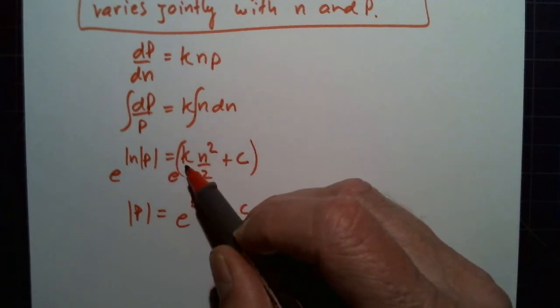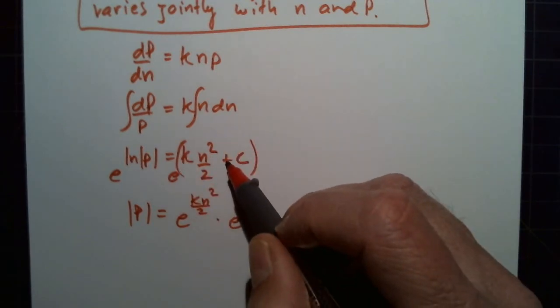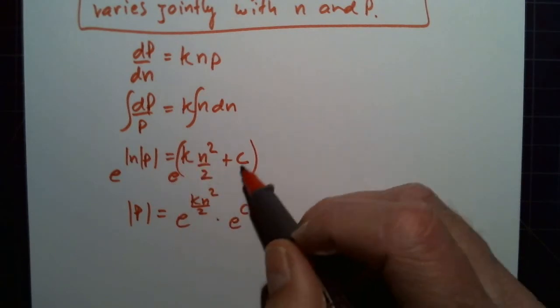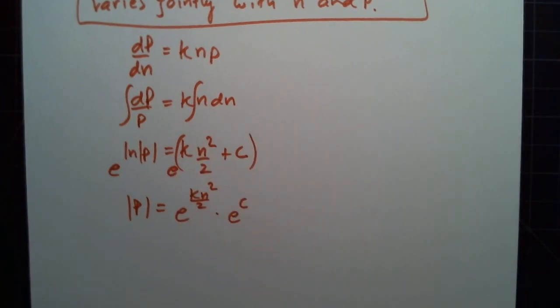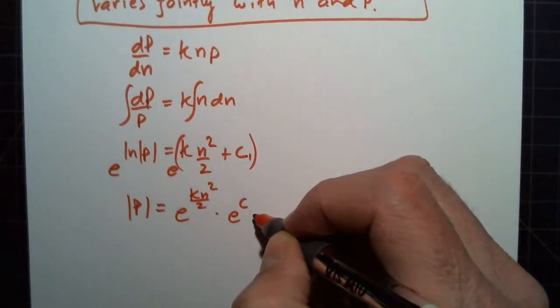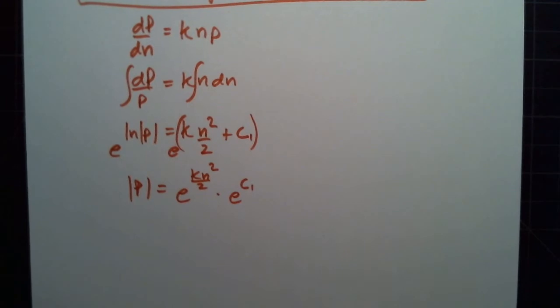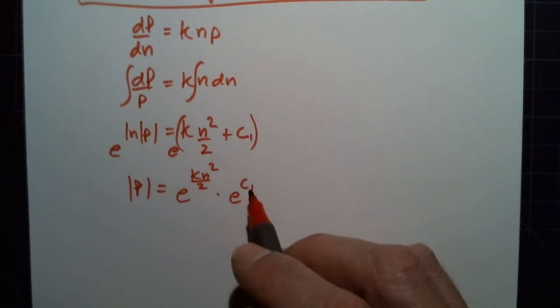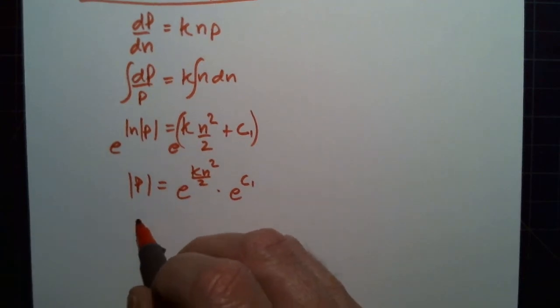So when we have an exponent that's a sum, we can break that up into e to this times e to that. So that's pretty common. We need to be used to that. And then let's write this as c1, because e to the c1 is just some other constant we can call c, and we can just put it in front.